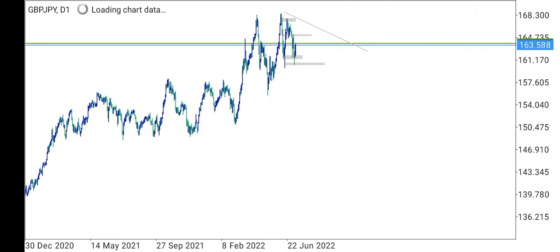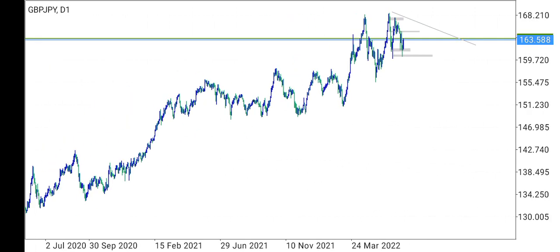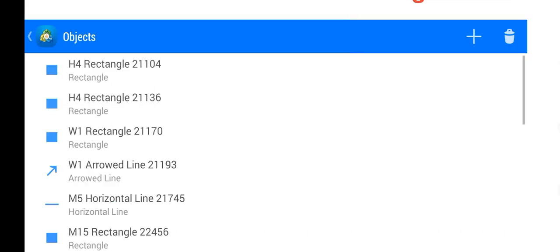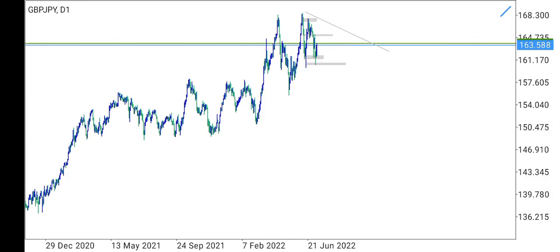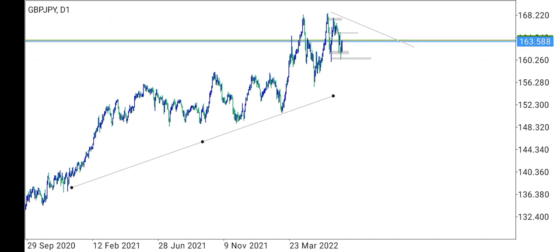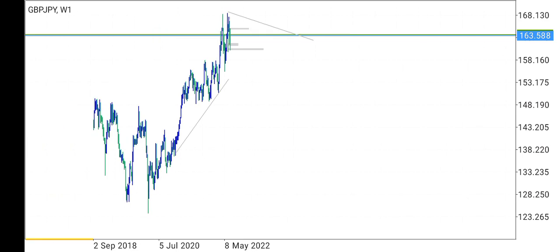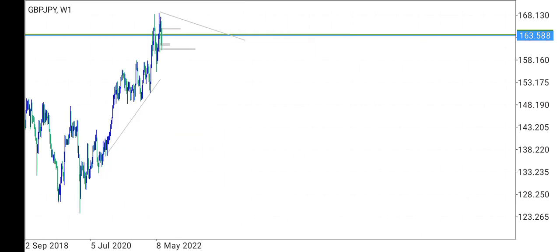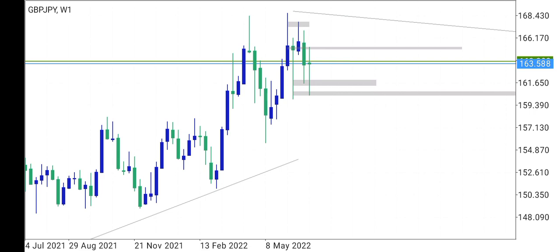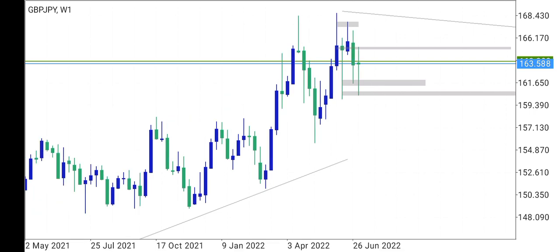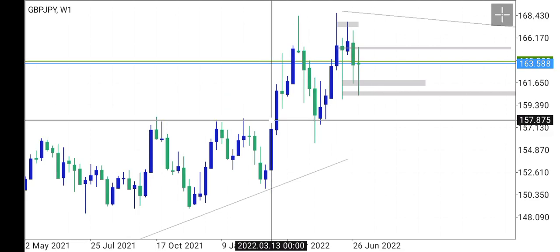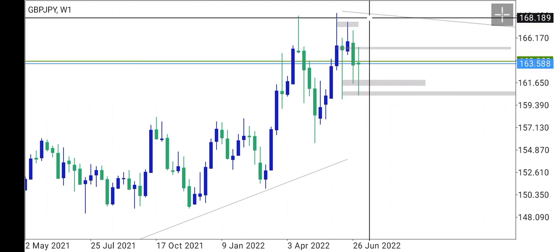And when you go to daily, you see that price pushed up from here and is still moving down. You go to weekly, you see that price pushed up, got to this place.